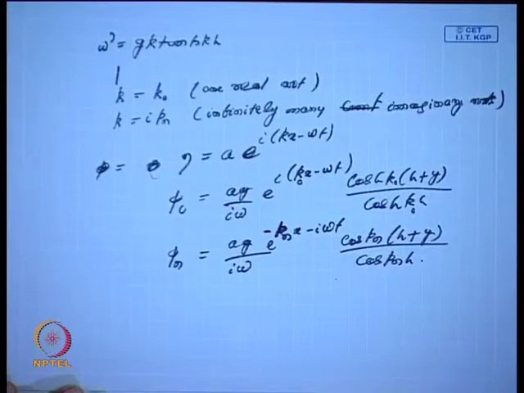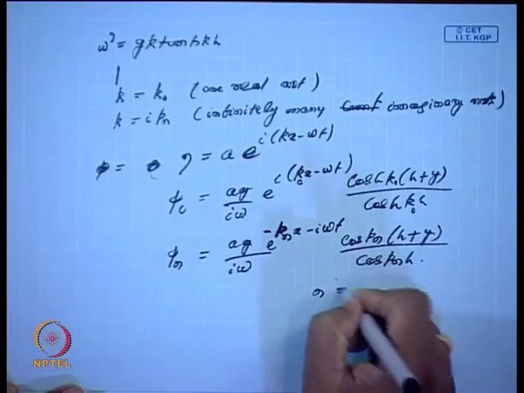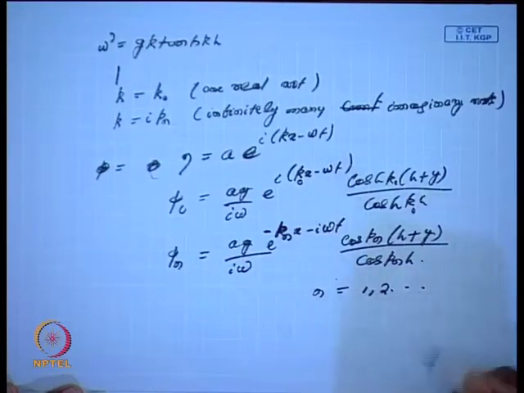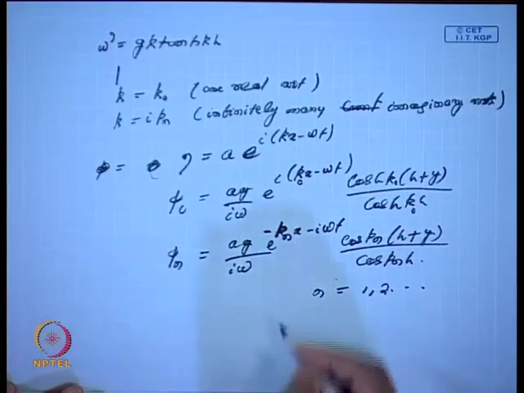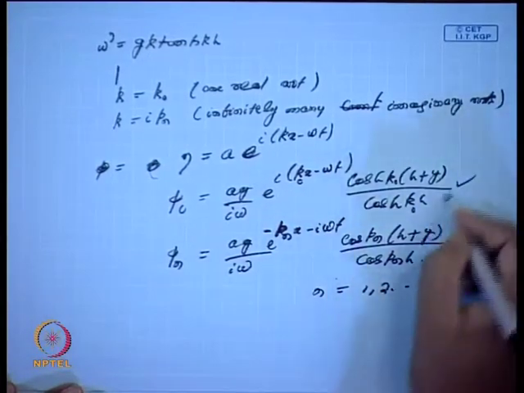So, then what will happen to this? These are for n is equal to 1 to infinity. So, these are also one of the solutions.